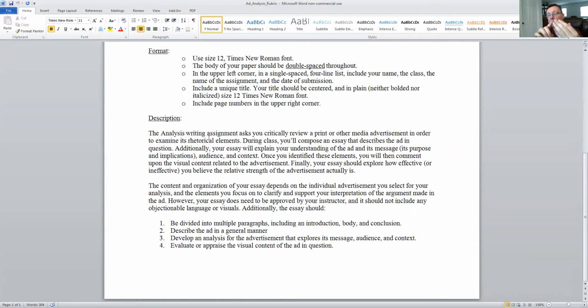That's your 4th criteria. And lastly, just explore whether you believe it to be effective or ineffective advertising. The content and the organization of the essay, of course, will depend on the individual advertisement you select and the elements you clarify and the support that you bring to your argument.